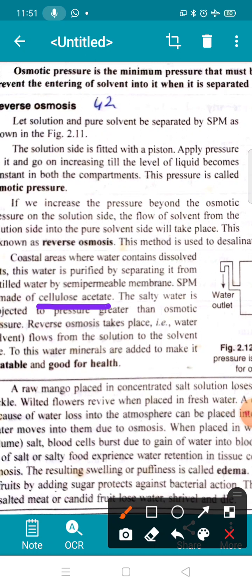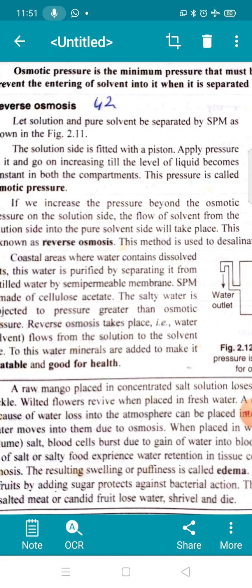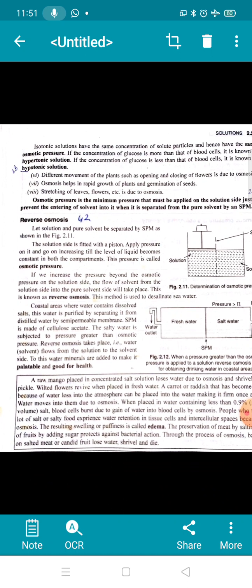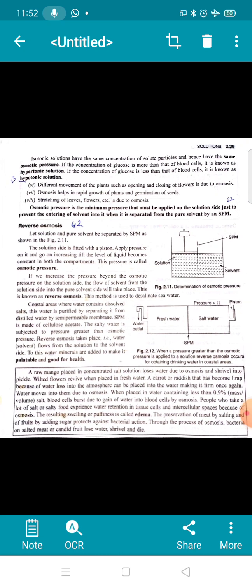So reverse osmosis, in short we call it RO, and nowadays you must be knowing RO filters are available in the market to purify water. But I don't recommend you to drink RO water, because there will be no minerals in the water, and dissolved minerals play a very important role in maintaining our good health.